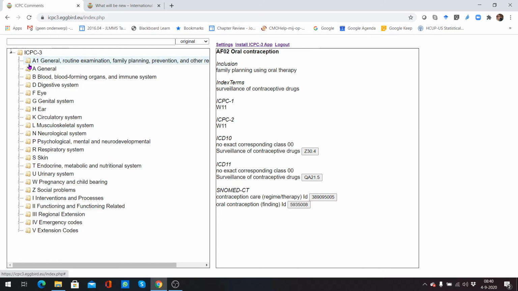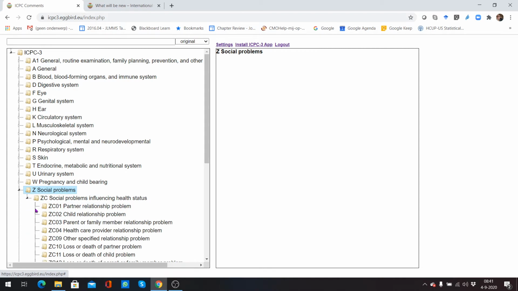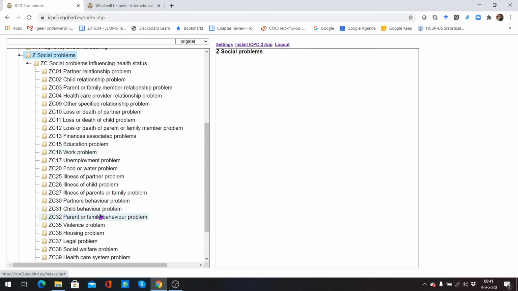In chapter Z, the social problems affecting health are classified under component ZC. In the ICPC 3, we distinguish more classes than in the previous version, as you can see. Okay, I close this one again.